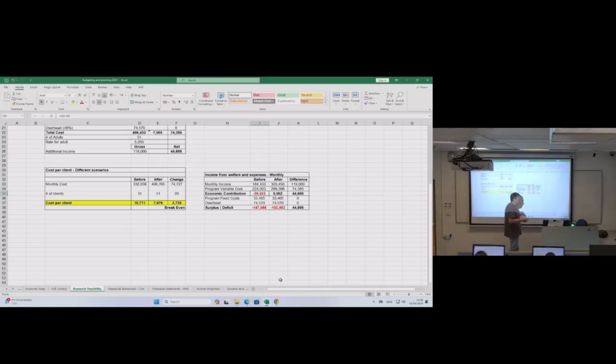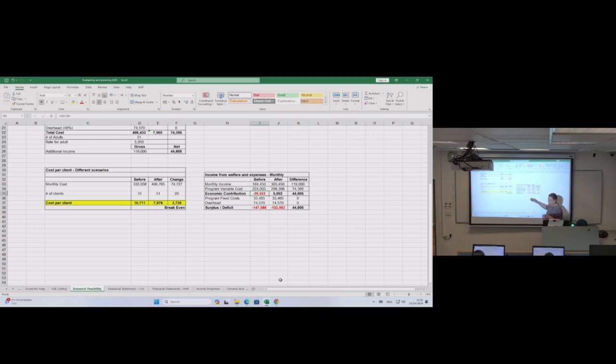And you can see here that a program can have a positive economic contribution but a deficit, which means that after the change, if we close this program, it will not benefit the organization, it will lose 5,000 and something shekels.